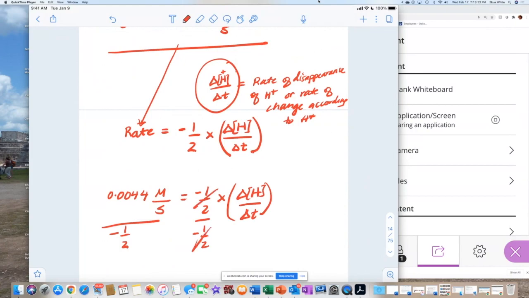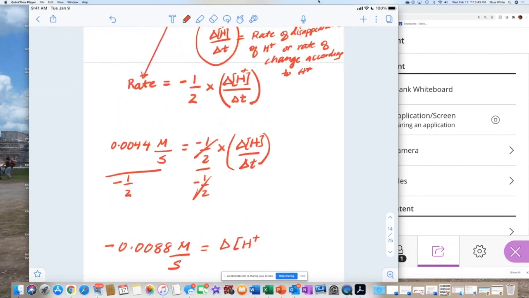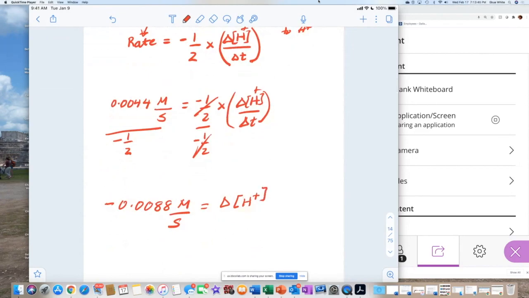So take your number, I'm going to divide mine by negative, open parentheses, 1 over 2, close parentheses, and I get negative 0.0088 molar per second. This is the rate at which the H+ concentration is changing with time.